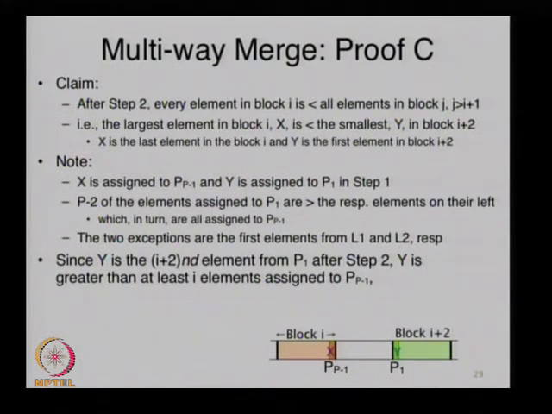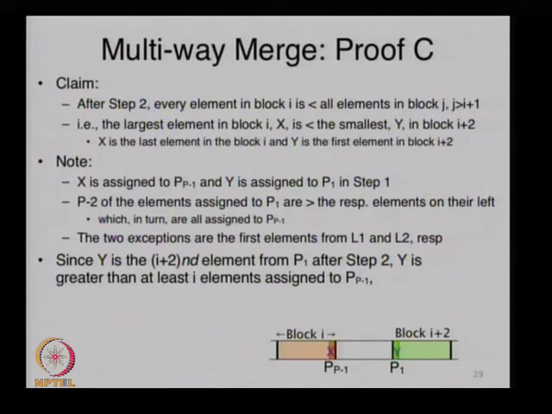If you go back and look at the assignment, which was just alternating assignment, P0, P1, P2, P3, P4, and so on, let's in fact, just so I can say it easier, say there are 16 processors, P0 to P15. Every block has 16 elements, and P0 gets element 0, P15 gets element 15, P0 gets element 16, which is less than element 15 because it was sorted.